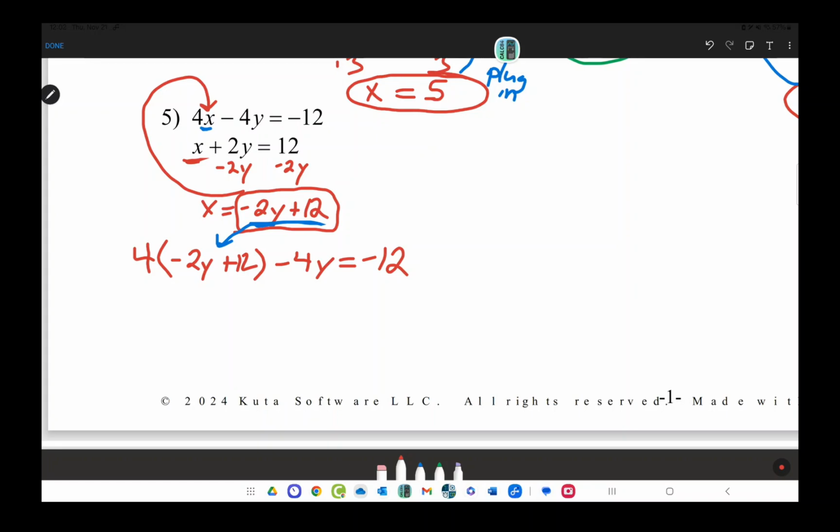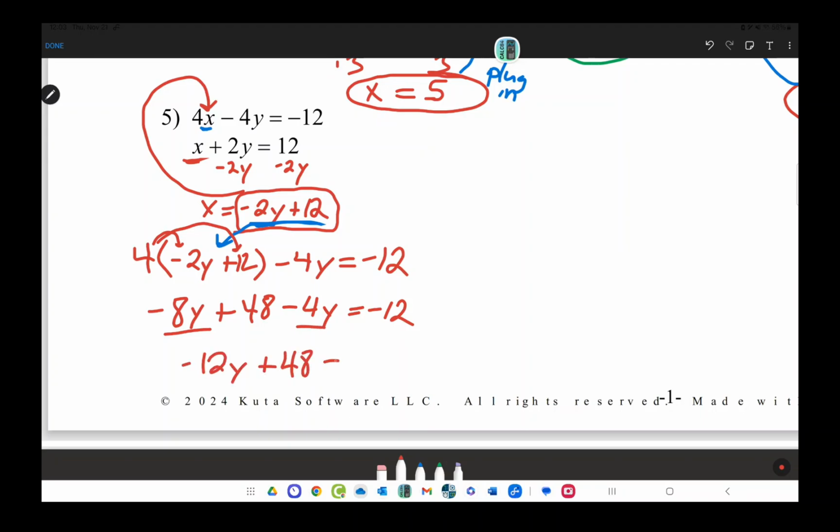Distribute. Make sure you distribute through both. So we have negative 8y plus 48, minus 4y equals negative 12. Combine the like terms, negative 12y plus 48 equals negative 12.